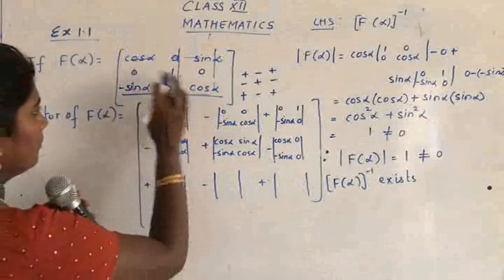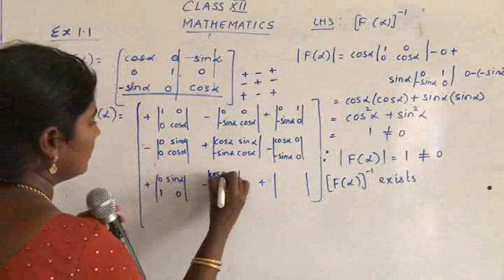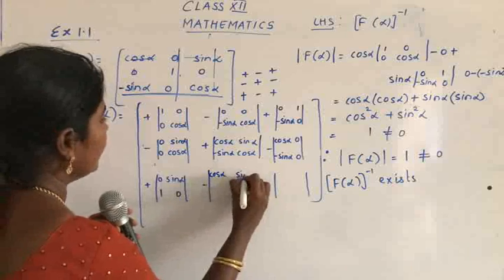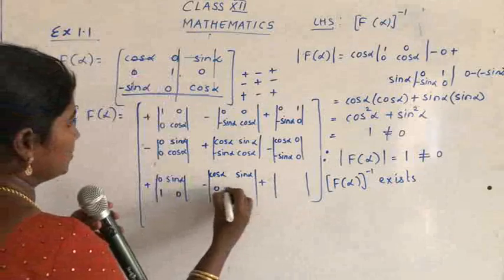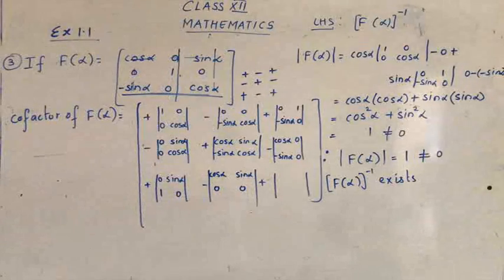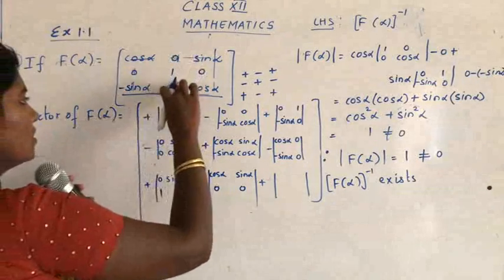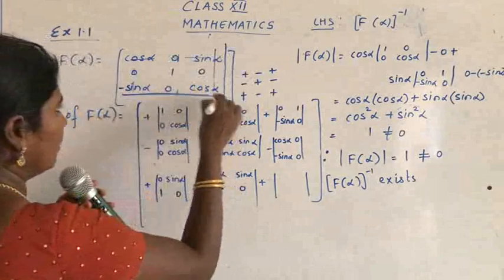So what is left now? Cos alpha sin alpha, 0, 0. Next thing, go for the last element, that is cos alpha. So eliminate the corresponding row and the corresponding column.